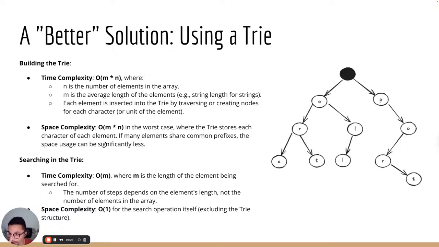Right. And in the search in a trie, the time complexity is O(m), because the time complexity is not looking at the length of the forbidden words array, but at the size of the word that you want to search. So, for example, if you want to find a word like all, you only need to iterate over this word 3 times because we need to find A, L, L. So it's constant, because when you search this word, we don't need to go through the whole array or most of the array.